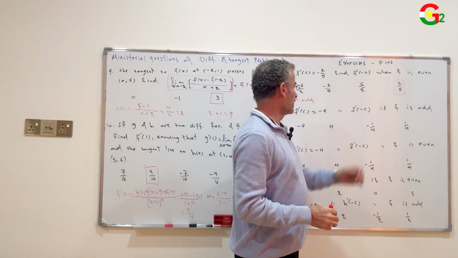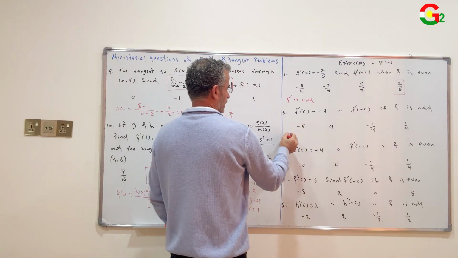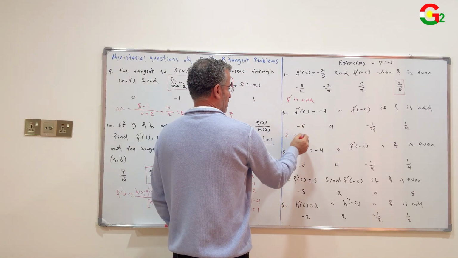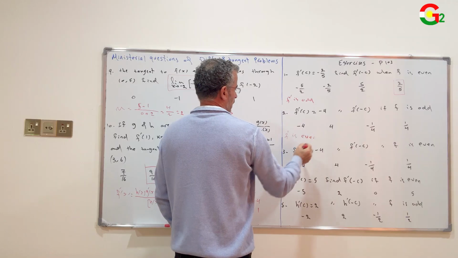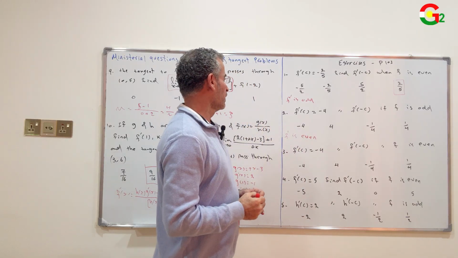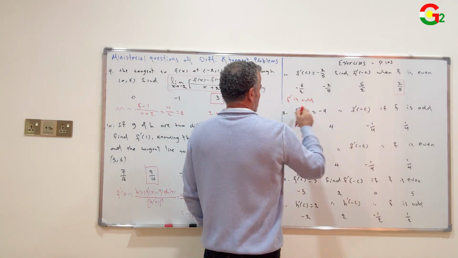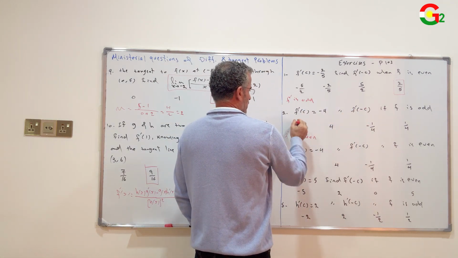F prime of c equals negative 4. Find f prime of negative c if f is odd. If f is odd, then f prime is even. And for an even function, f prime of negative c equals f prime of c.